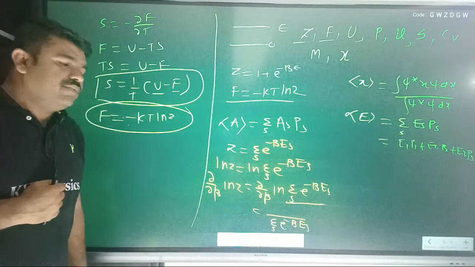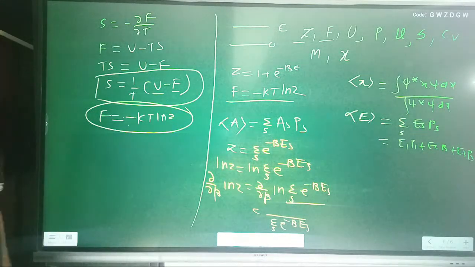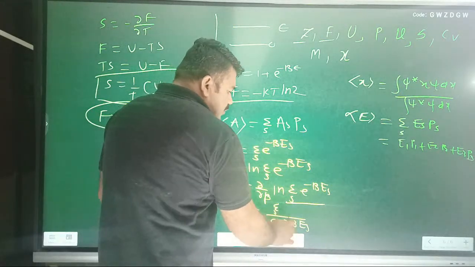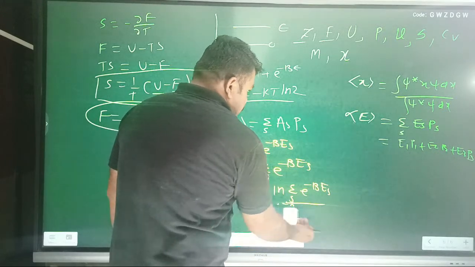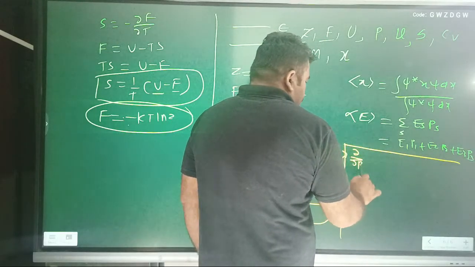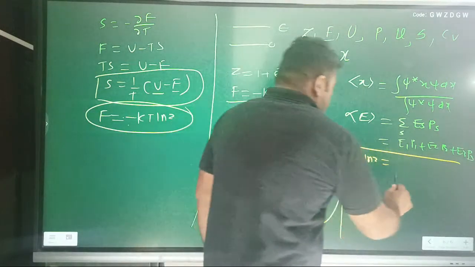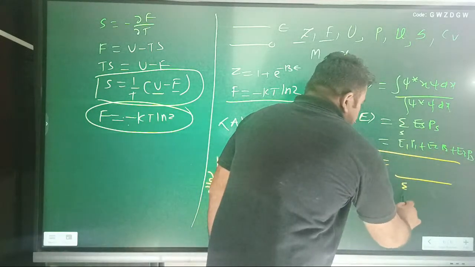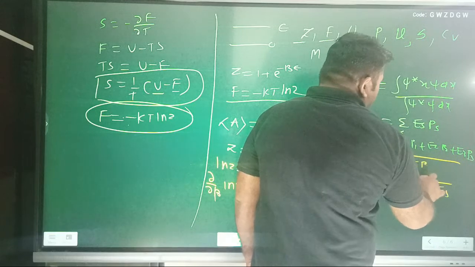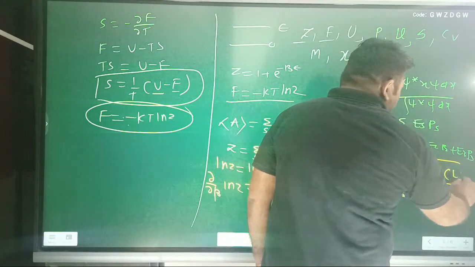And what is the derivative of x? What is the derivative of this function? The derivative is the summation over s of e to the power minus beta E_s into the derivative of the exponent. So dou upon dou beta of ln Z is equal to the derivative of this one upon the summation of e to the power minus beta E_s. We take the derivative with respect to beta, so the remaining part is constant, and this gives minus E_s.